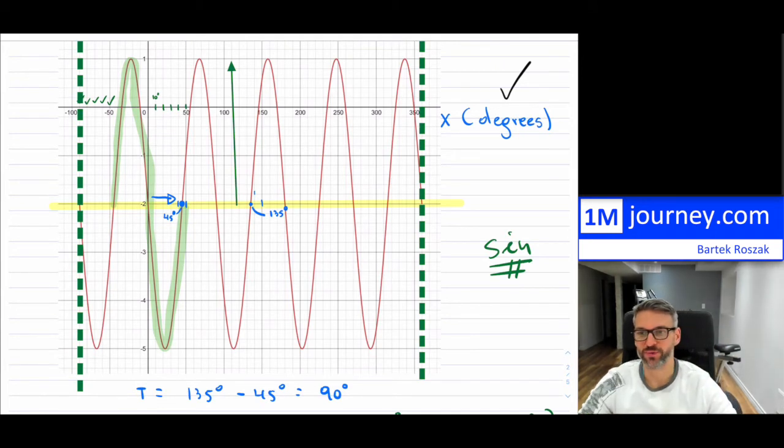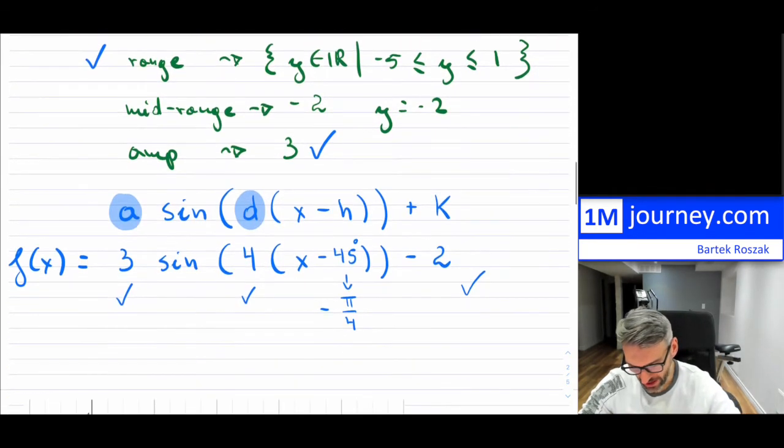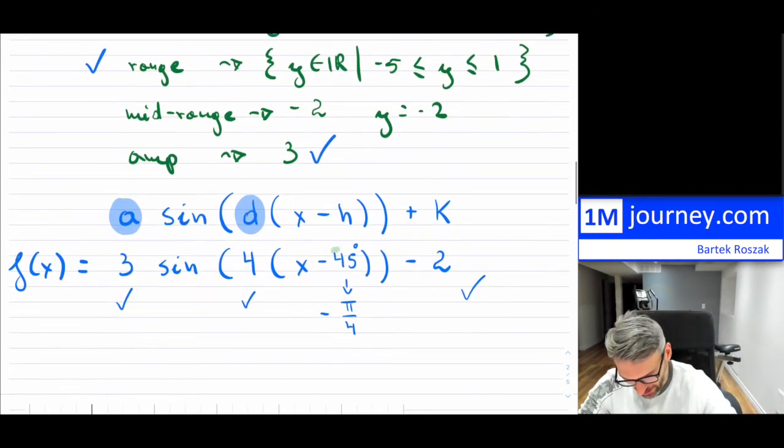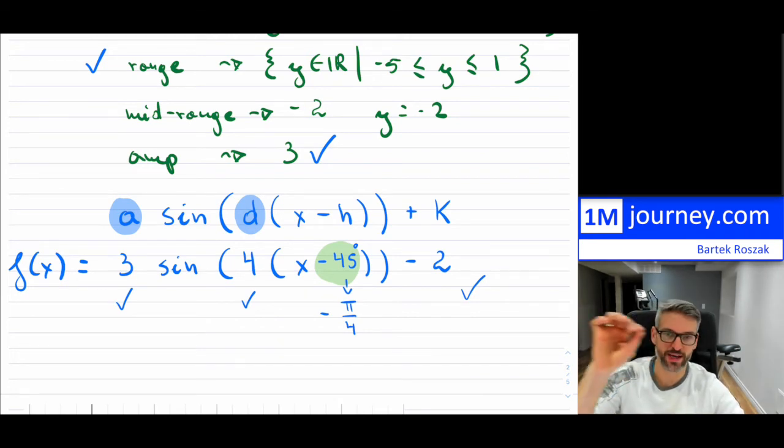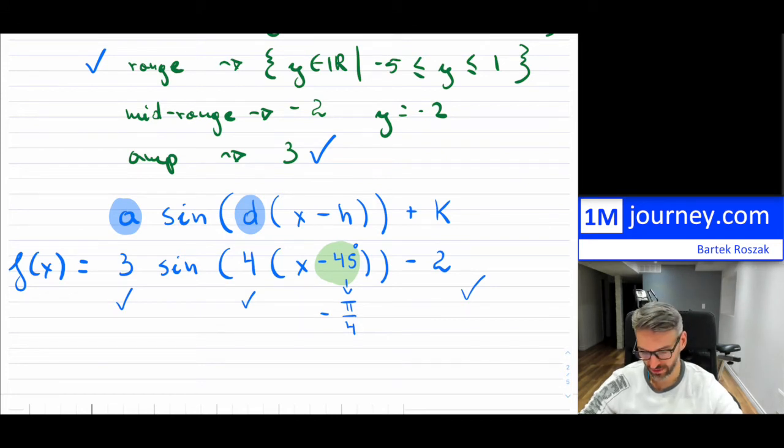So it would have been plus 45 degrees in terms of being shifted over. So that's why this right here is not unique. This shift is not unique, because it depends on where you start your cycle. So be careful with that one.